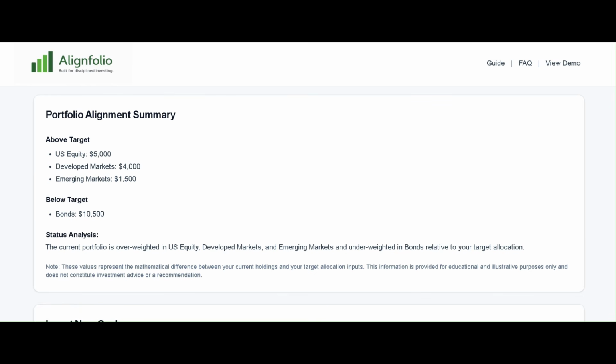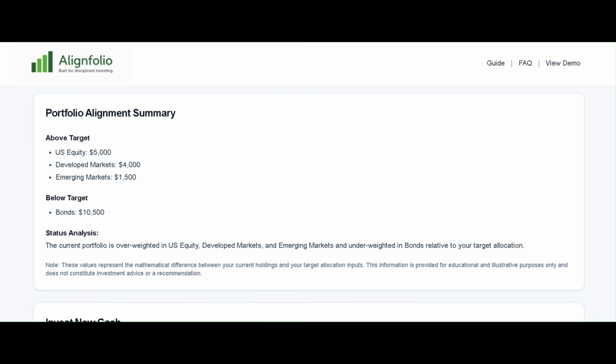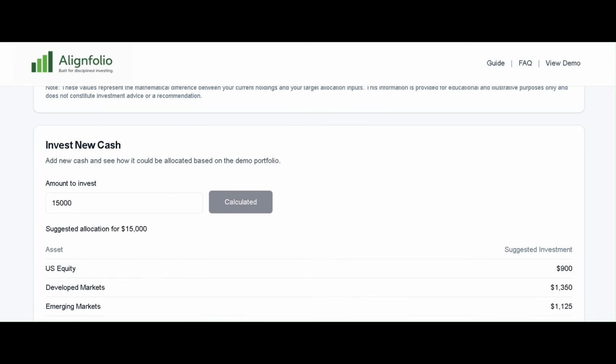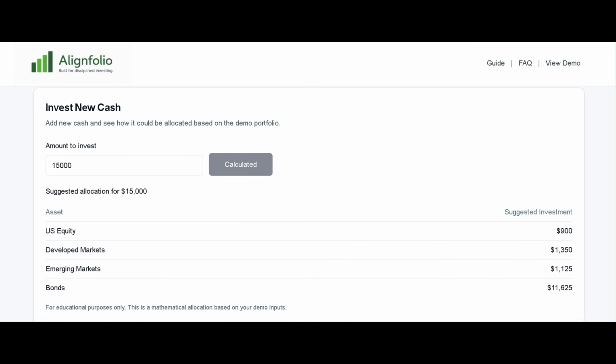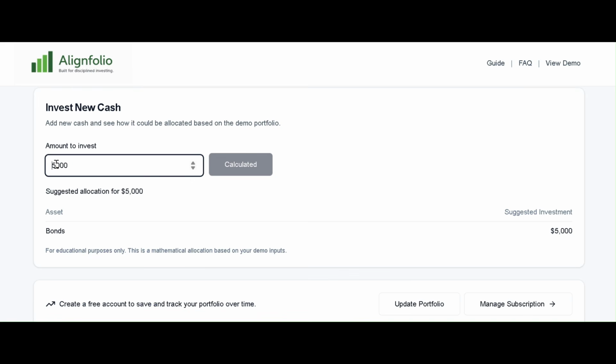Traditionally, investors rebalance by selling overweight positions and buying underweight positions. But many long-term investors prefer not to sell, especially in taxable accounts where selling may trigger capital gains taxes. Another approach is to rebalance gradually using new cash contributions. Instead of selling investments, new money can be directed toward the asset classes that are currently underweight.